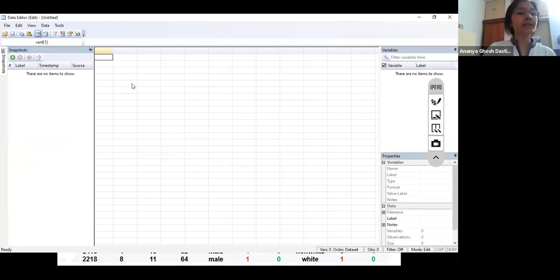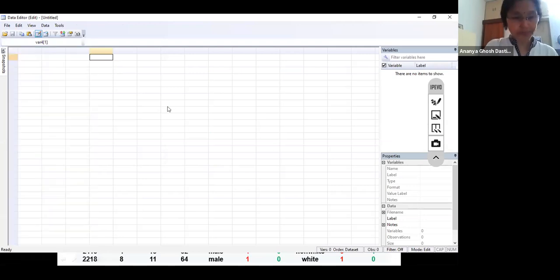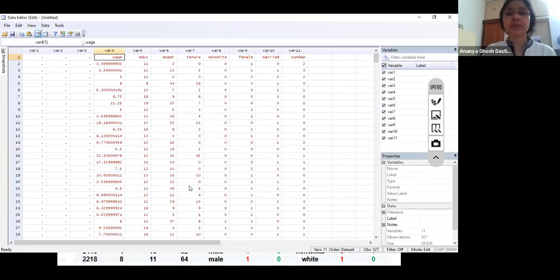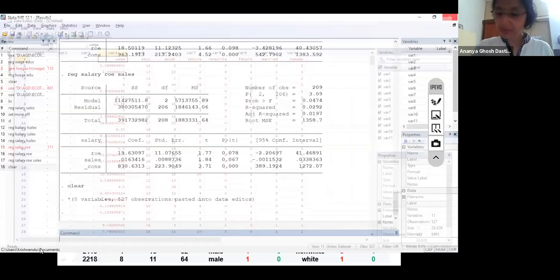And I will now go Control V. So this is just the command. Control V is the paste. And Stata asks, is the first row as data? I say yes, first row as data. Okay. I don't know why it's giving me an error. But for some reason, it's giving me an error. Maybe I made a mistake copying the data set. So one moment, I'll just try it once again.